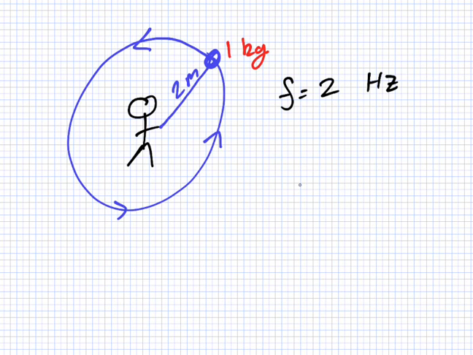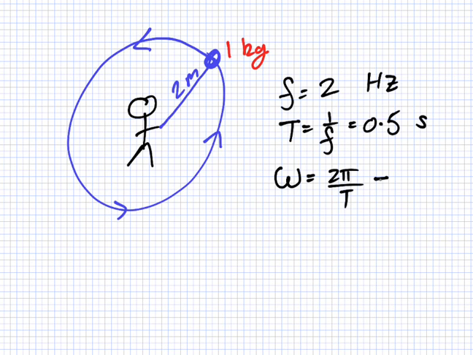Okay, so we can say again that T is 1 over F, which will be 0.5 seconds. Omega is 2 pi over T, so what's that please? 12.6 radians a second.